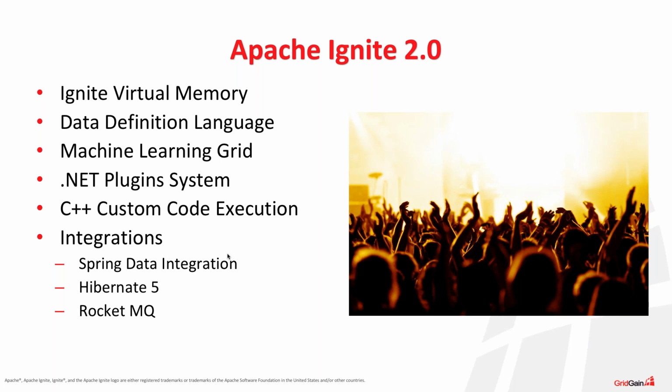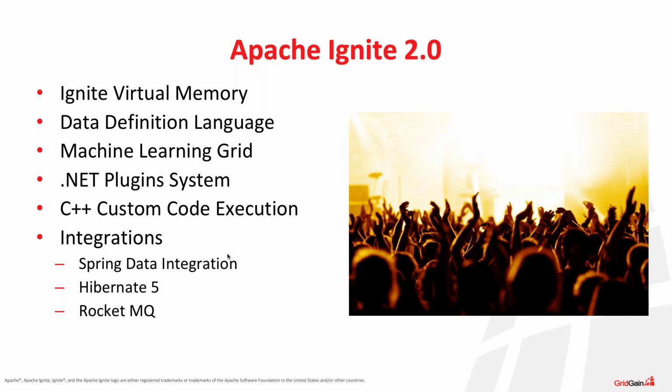Next, for our Hibernate users, we updated our integration, so now we provide support for Hibernate version 5. At the same time, we extended our streaming capabilities by introducing an integration with RocketMQ. These are the biggest changes that happened in Apache Ignite 2.0.